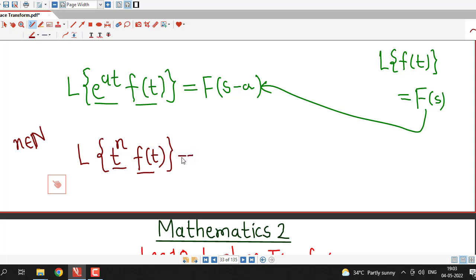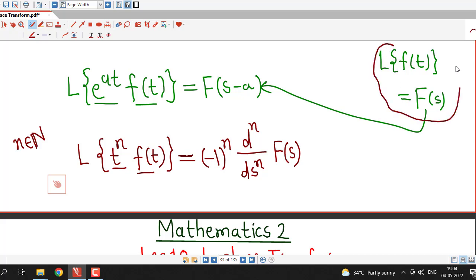Then this Laplace transform is given by this formula: minus 1 raised to n times derivative with respect to s of the function f of s, where f of s is Laplace transform of function f of t. So whatever power is given, we have to differentiate this function of s that number of times.